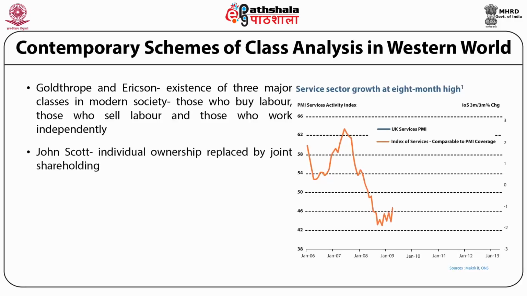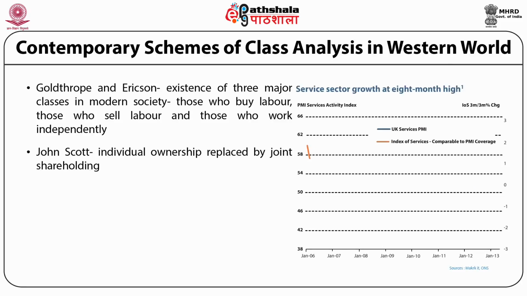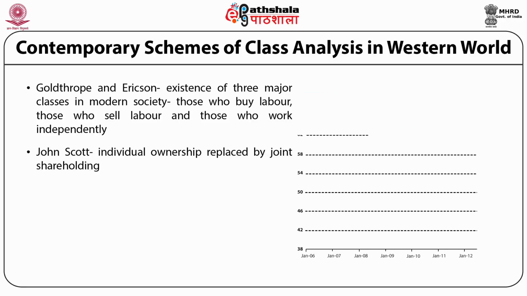Secondly, John Scott, another very important scholar of class politics in Western society, believes that individual ownership has been replaced by joint shareholding in contemporary Western societies. During the Industrial Revolution, the capitalists mainly included individual owners, but now we find that the companies and firms are owned jointly by different individuals.